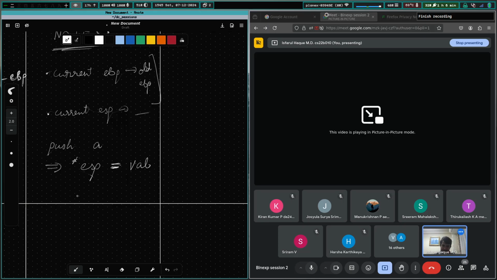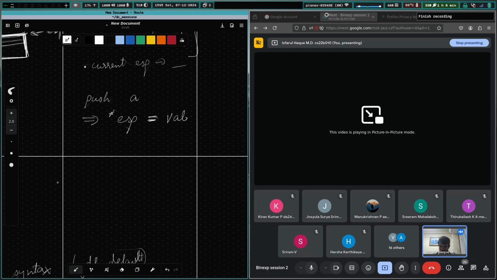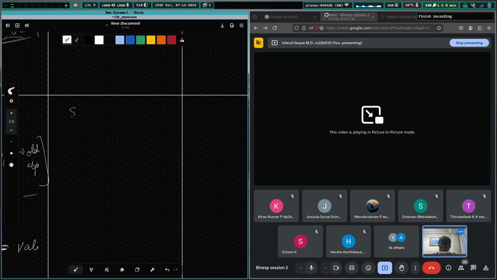Okay. I will come to your exact doubt once we are a bit further in addressing mode. So push means this. Now stack frame creation. Okay. Now I'll go here. So this is the code section and this is the stack frame.